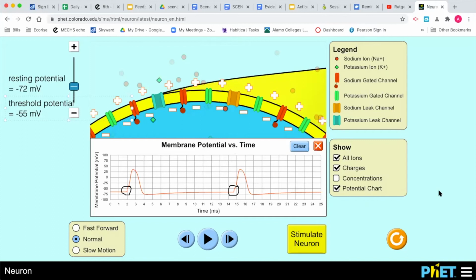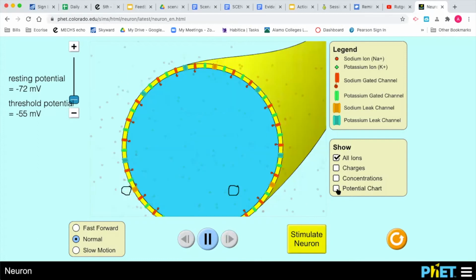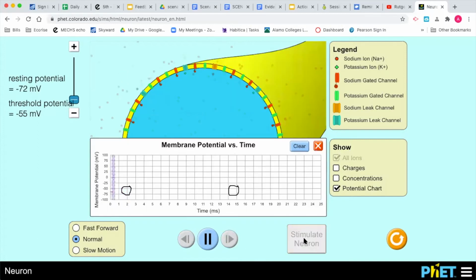Yes. So you're going to depolarize the cell a little bit, but there's a certain point that you have to depolarize past, and that's negative 55. So if we reset, pull up the chart, and stimulate the neuron, it pops up right here really fast.